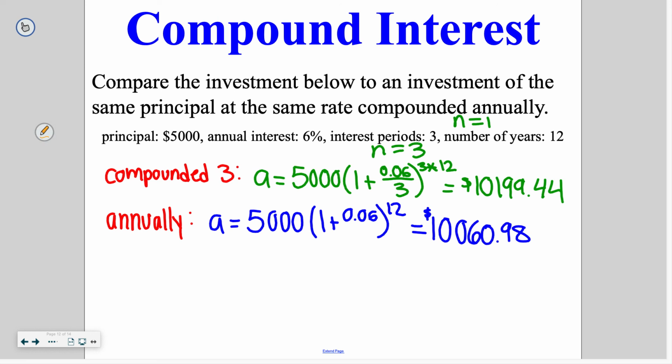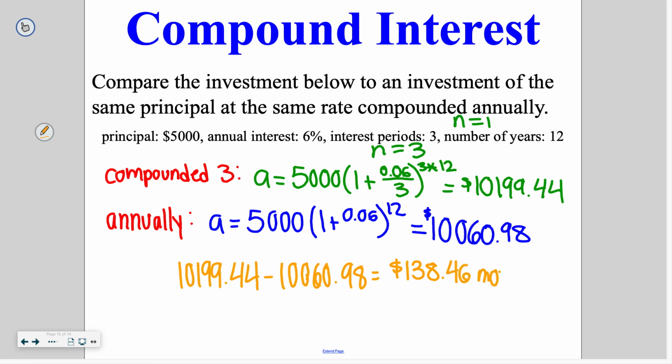Now the last thing it asked us to do was compare the values, so that means we want to find the difference. So I'm going to take my $10,199.44 and subtract off the $10,060.98. And when I do that subtraction, I get $138.46 more when it is compounded 3 times.